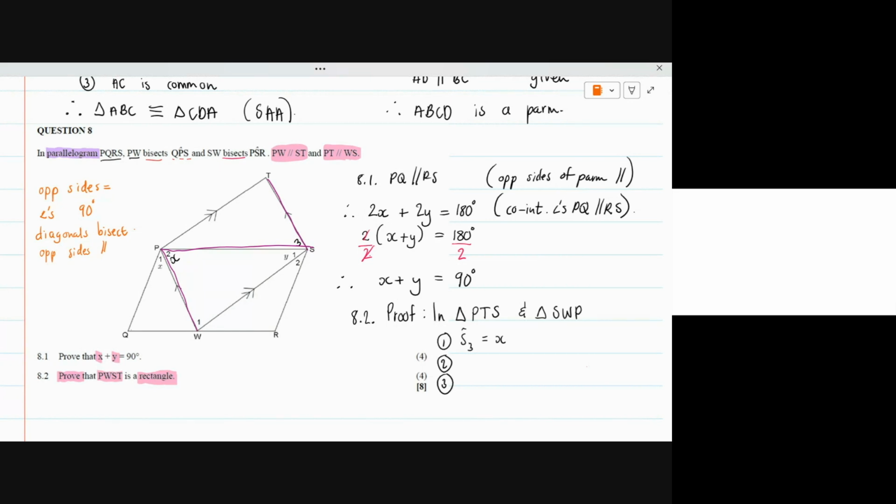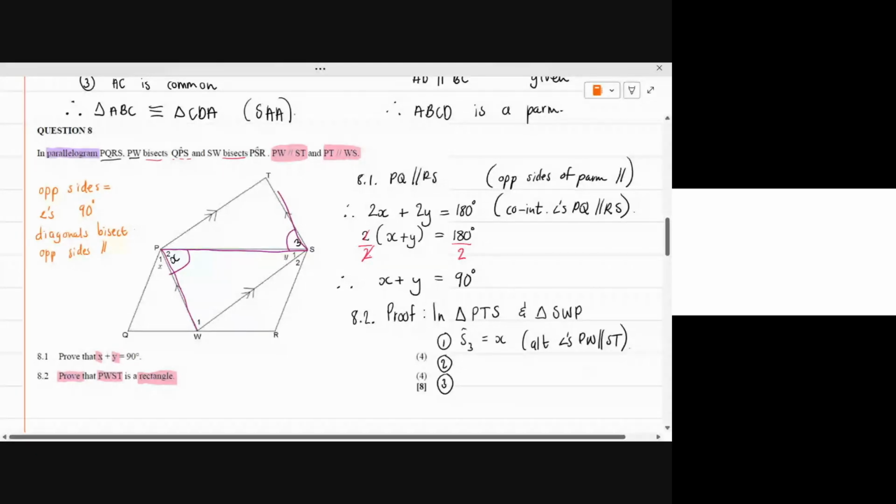Does everybody agree with that statement? Because I've drawn alternate angles, that angle must equal that one. So that is alternate angles, because PW is parallel to ST. Then let's look for another reason.